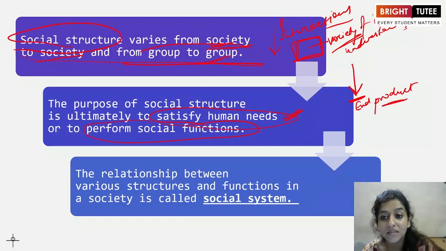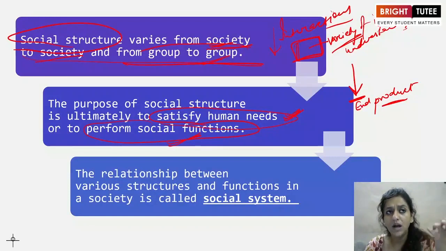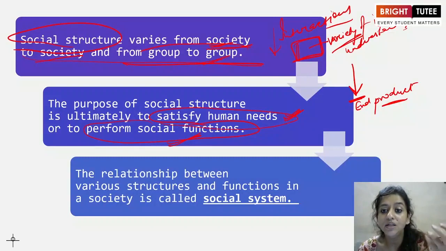Your basic requirement is satisfied, and hence this is one of the major purposes of the social structure. Secondly, to perform the social functions: there are certain social responsibilities, roles, and a part that you play as an individual or as a human being in the society.